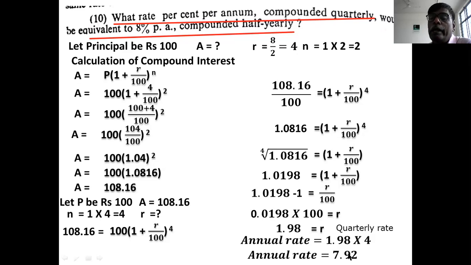If 7.92 is the annual rate of interest, and if you calculate interest quarterly, that will amount to 108.16. Remember this. This is the solution.